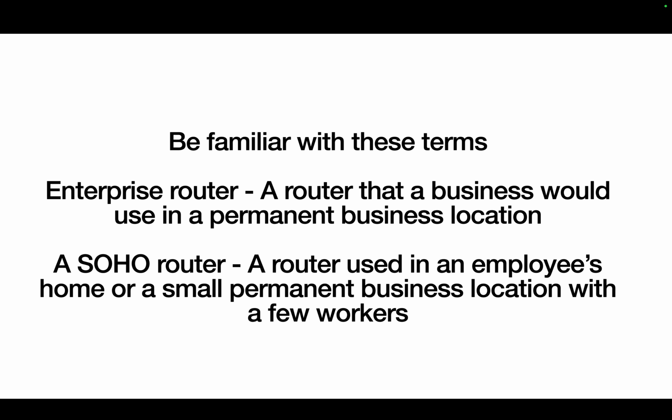Like you've got a small family business. For example, let's say they do some sort of consulting. Okay, small family business. That router is only used by a few people. It's a small business, so that's a SOHO router.